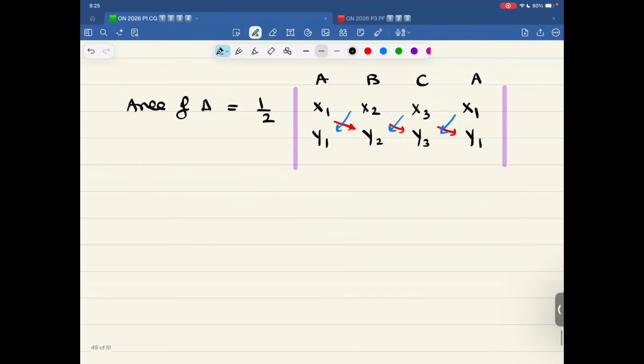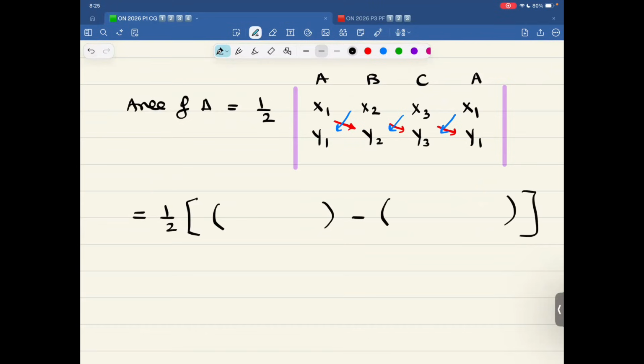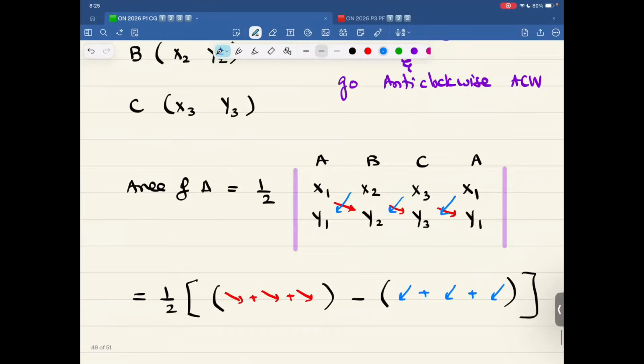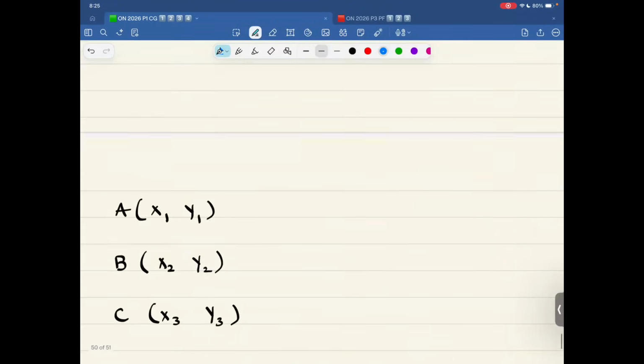So this would be half, the first bracket minus the second bracket, and close the bracket. This multiplication is done like this, plus sign, plus sign. This multiplication is done like this, plus sign, and you evaluate and get the answer. The worked example is already over here. That was writing it in symbolic form.